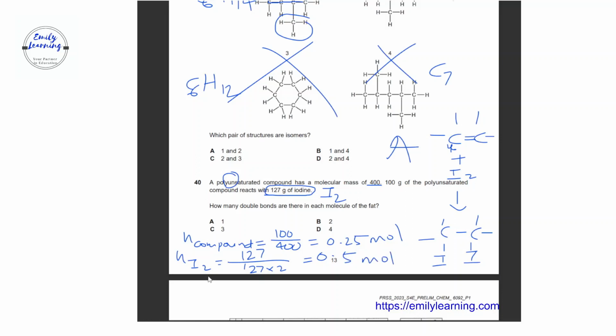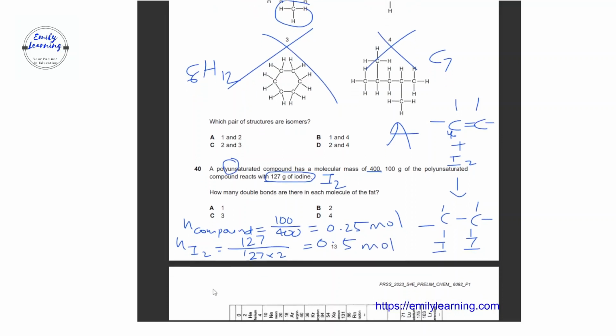So you notice that the mole ratio of the hydrocarbon compound to the number of moles of iodine is 0.25 over 0.5, or 1:2. In other words, 1 mole of the polyunsaturated compound reacts with 2 moles of iodine. So this means that it has 2 C=C double bonds inside it.